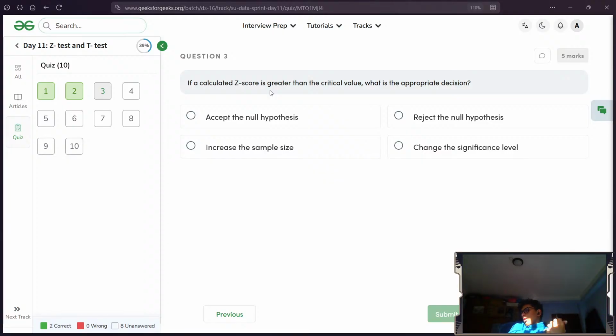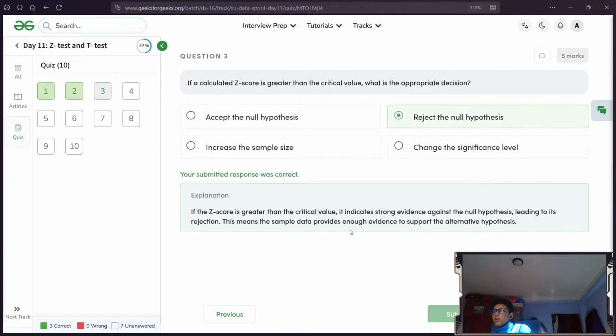Okay. Critical is the table value. What is the appropriate decision? Reject null hypothesis. Yeah, indicates strong evidence against the null hypothesis. This rejection means the sample data provides enough evidence to support the alternative hypothesis.